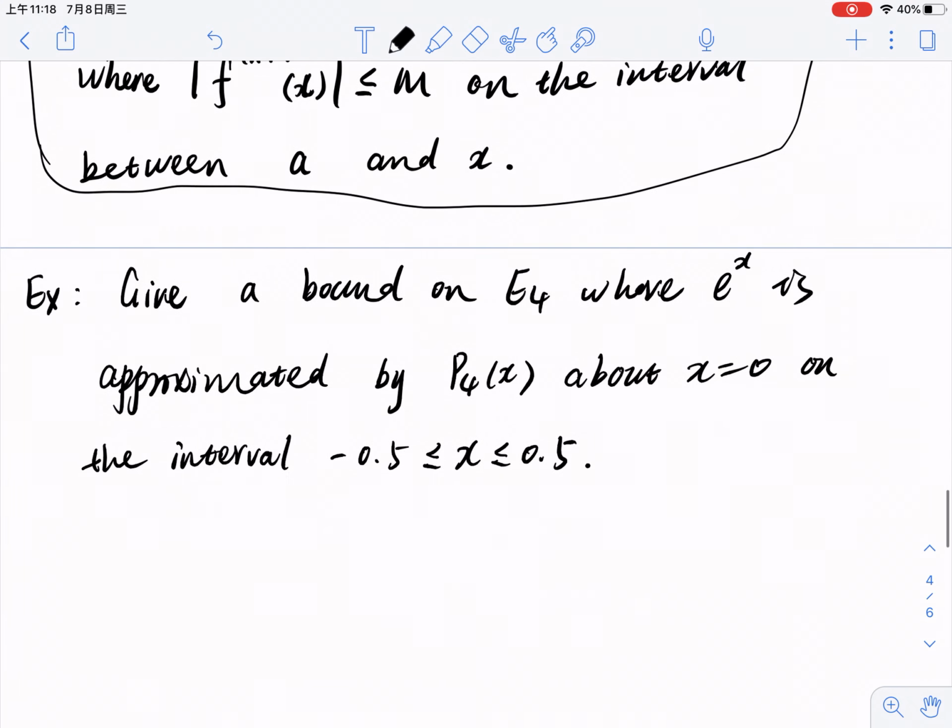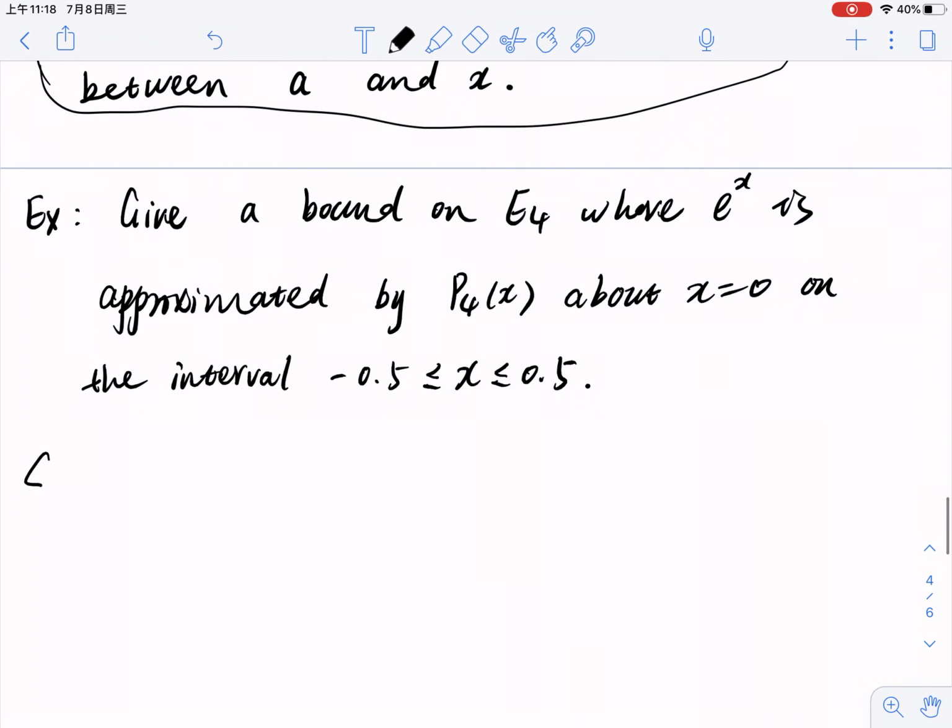In this example, give a bound on E_4 where e^(2x) is approximated by P_4(x) about x = 0 on the interval x greater than or equal to negative 0.5 and less than or equal to 0.5. So our function is e^(2x), right? So we let f(x) be e^(2x).